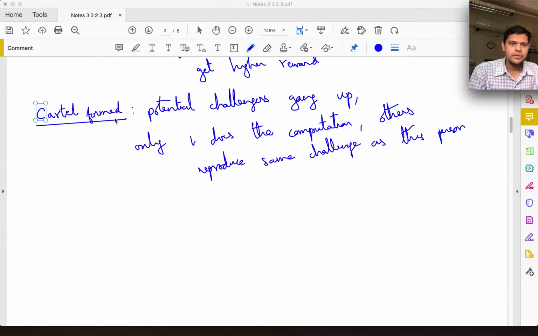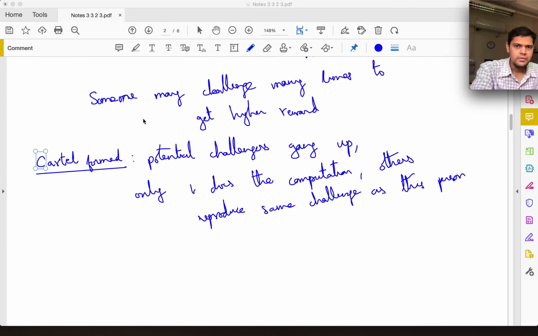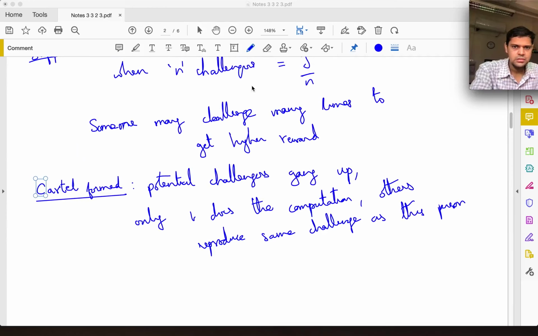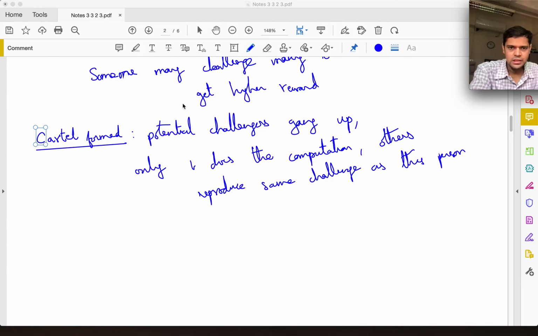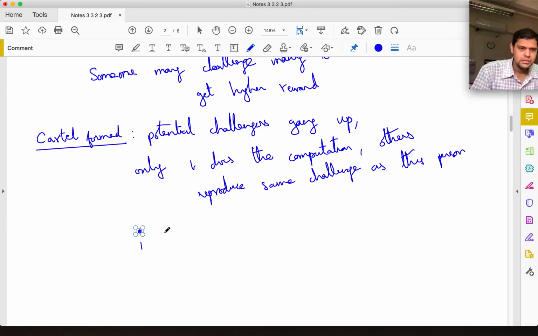So let's look at a particular attack which can be exploited in case the jackpot is divided equally among all the people who challenge. Suppose a set of people who are potential challengers form a cartel, and let's say there are n of them who are going to challenge.